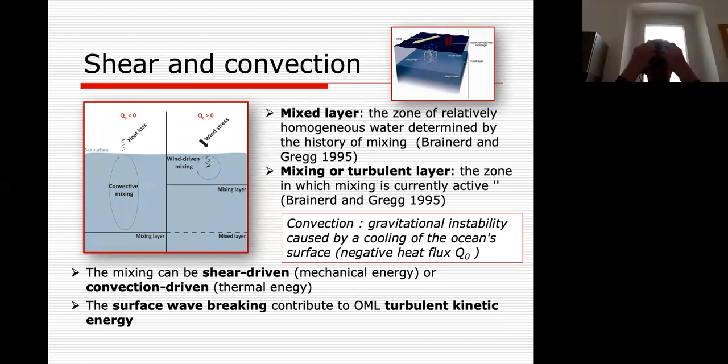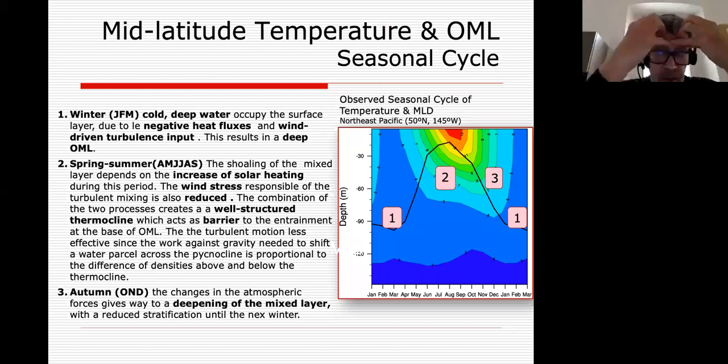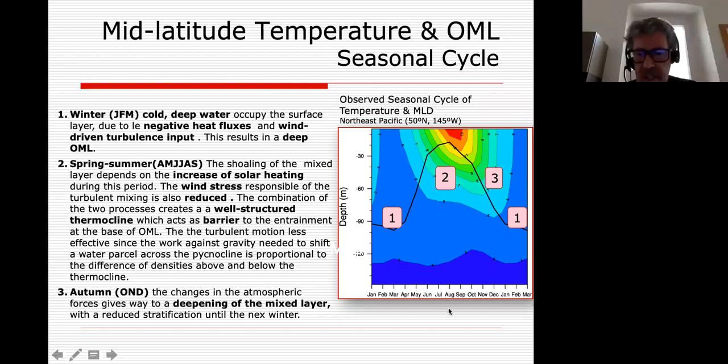We spoke about processes. We looked at the cartoons. We looked at a more generic theoretical discussion of what the forcing fields are. But what are the data? Let's give a look at this plot.